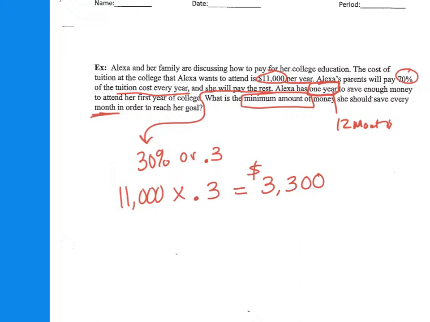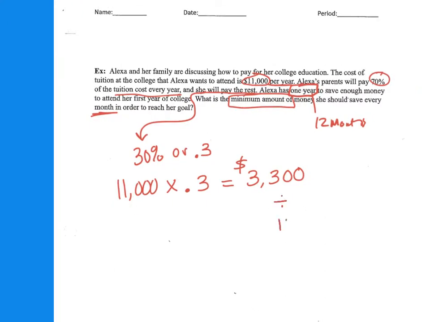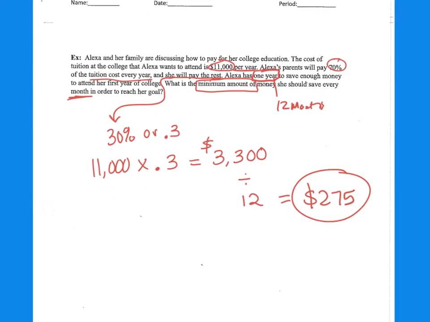She has 1 year to save that much money. So we have to figure out how much she's going to pay every single month. So what am I going to do with that cost that she owes? Divided by 12. So we divided by 12, $275. So that's how much she owes every single month.